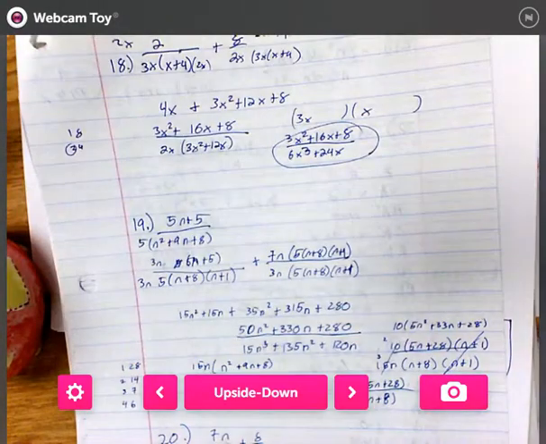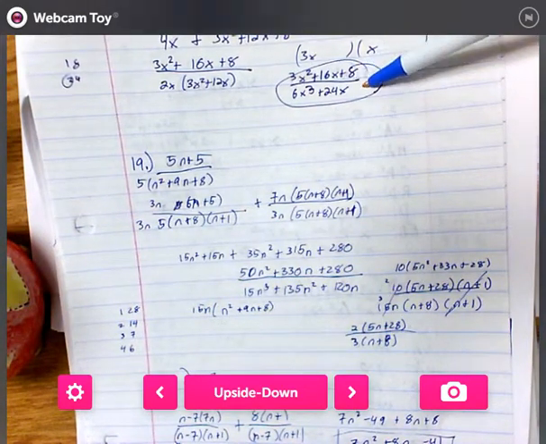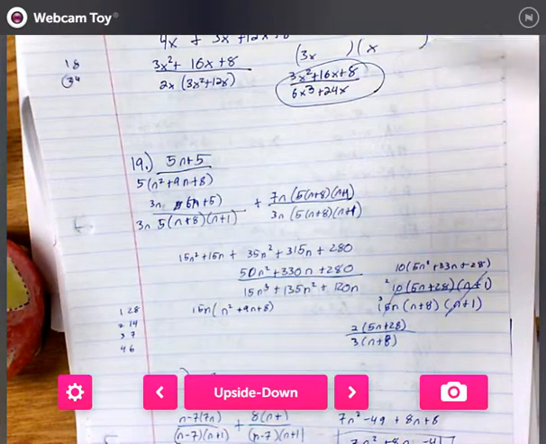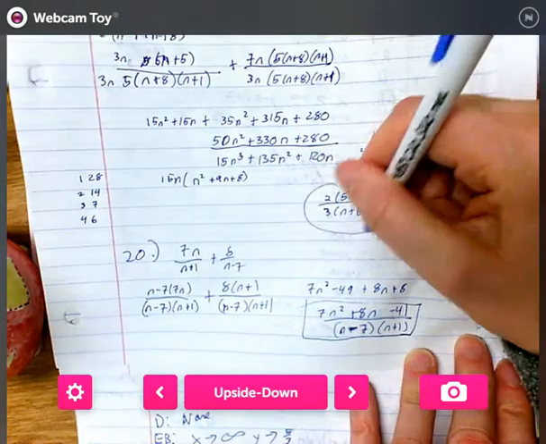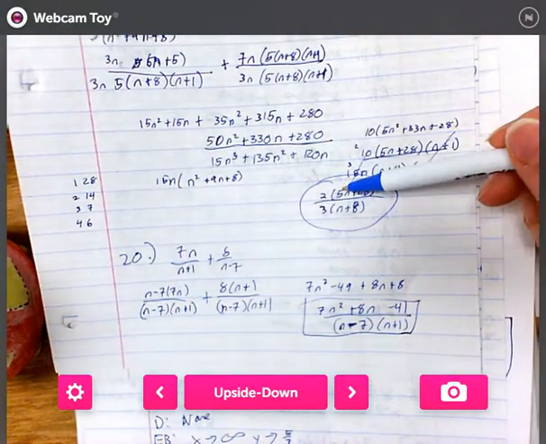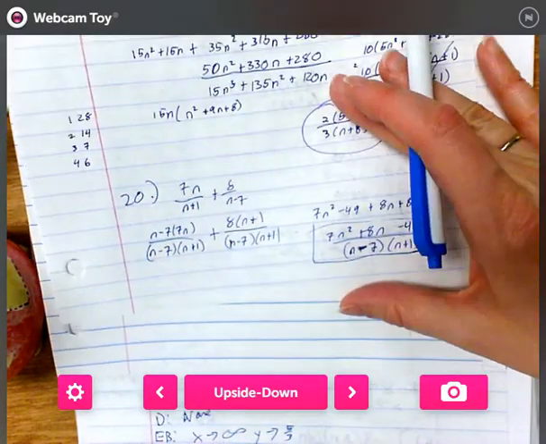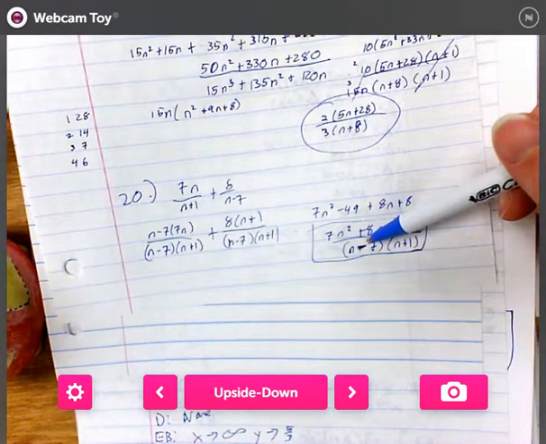Number 18 is 3x squared plus 16x plus 8 over 6x to the 3rd plus 24x. Number 19 is 2 times (5n plus 28) over 3 times (n plus 8). Number 20 is 7n squared plus 8n minus 41 over (n minus 7) times (n plus 1).